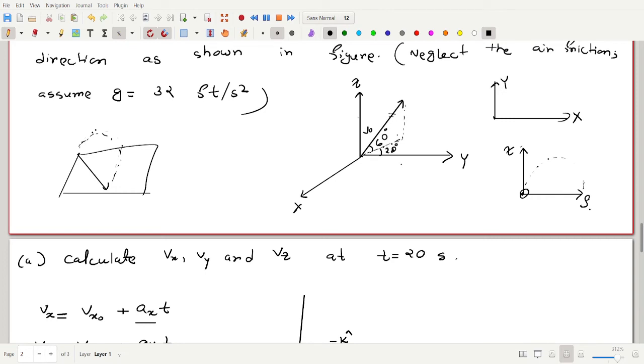The angle between the projection and the z axis is 90 degrees. Now if the component of this v naught vector along this projection, let's say this is rho, is given by v naught cos 60, along z it will be v naught sin 60, since they are perpendicular.